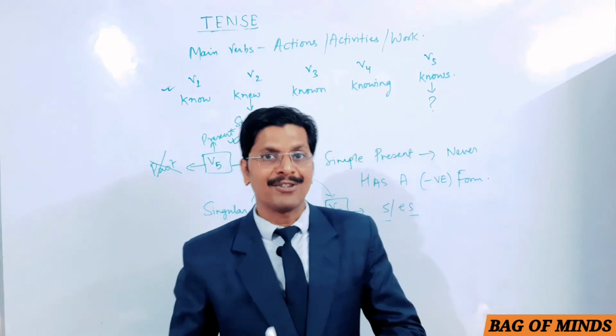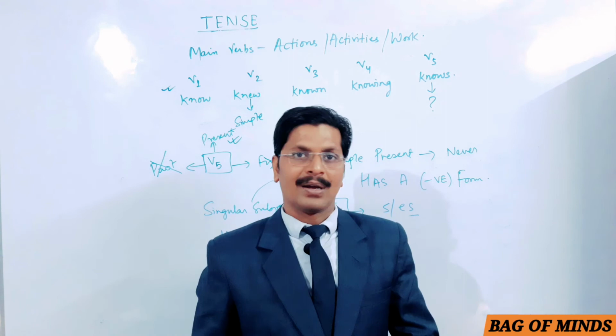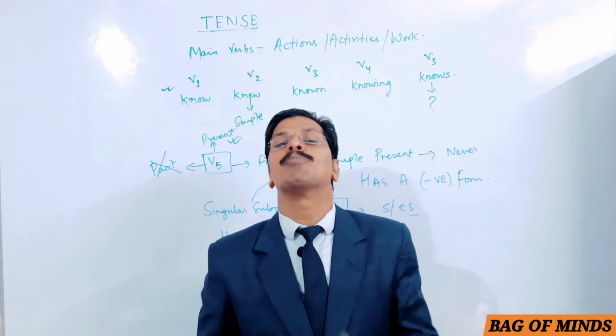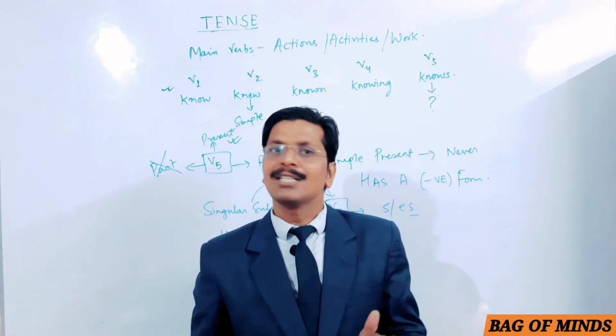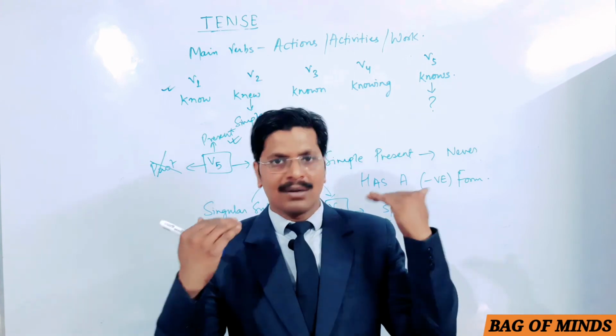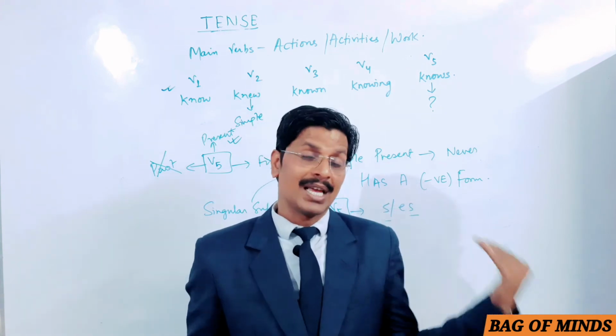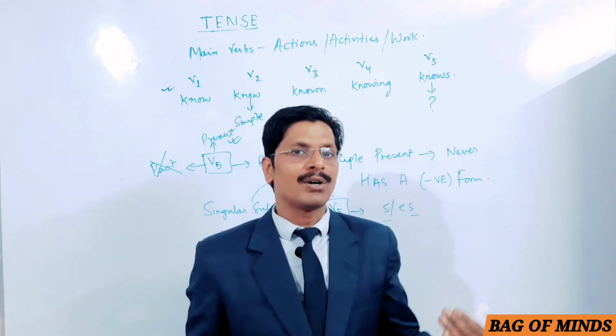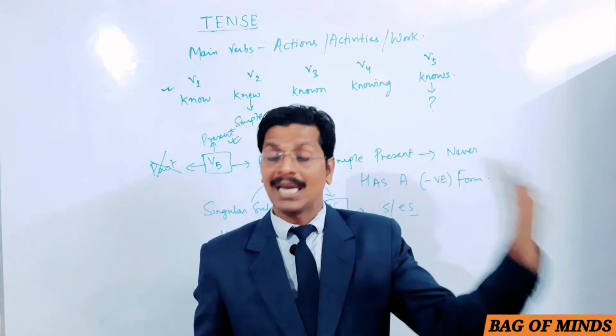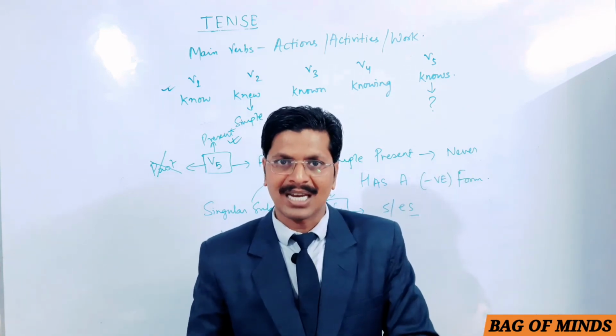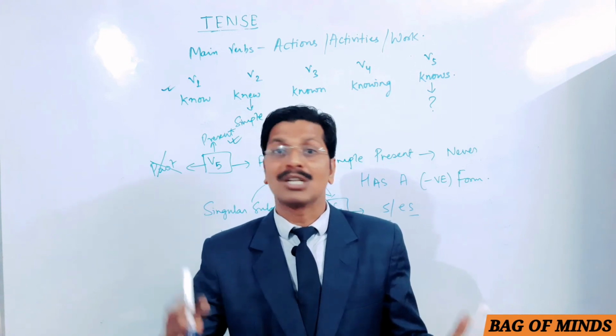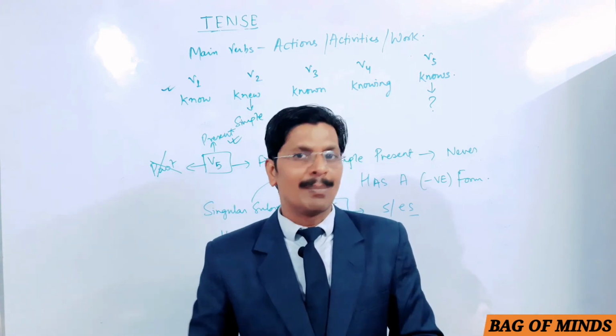So I hope, my viewers, today you have learnt about the most important thing, which is tense. Tense means time. Time means verbs. Verbs, two categories, helping and the main verb. So first, always look at the helping verb to identify the basic time, whether it belongs to past, present or future. Then you move to the main verb.